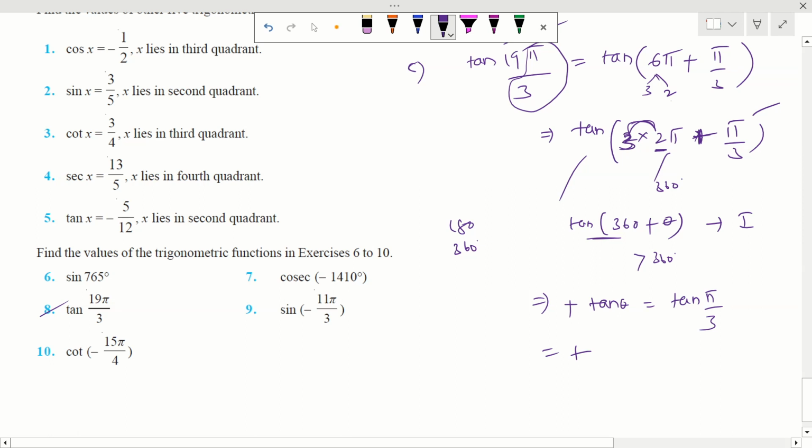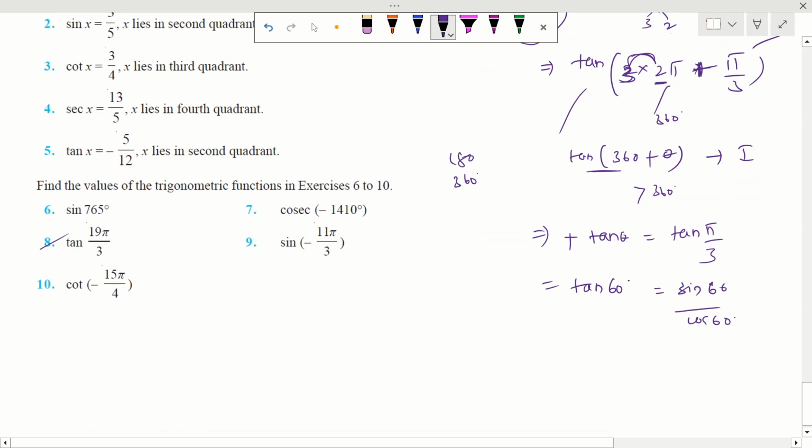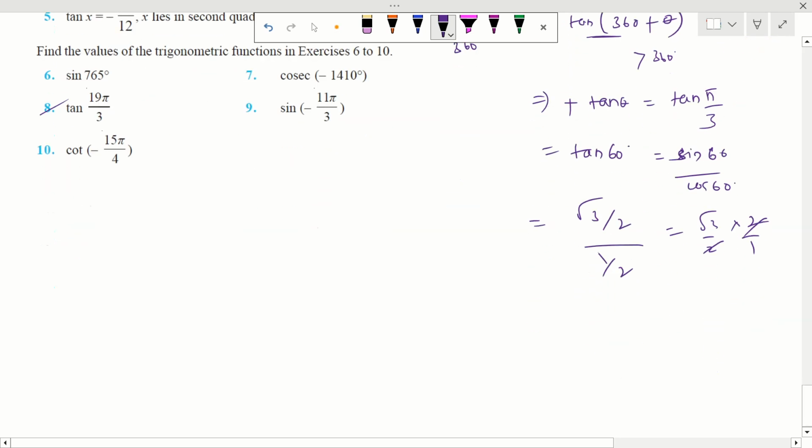Tan 60 is sine 60 divided by cos 60. Sine 60 is root 3 by 2, cos 60 is 1 by 2. Then root 3 by 2 times 2 by 1, the 2s cancel, so tan 60 is root 3. This is clear.